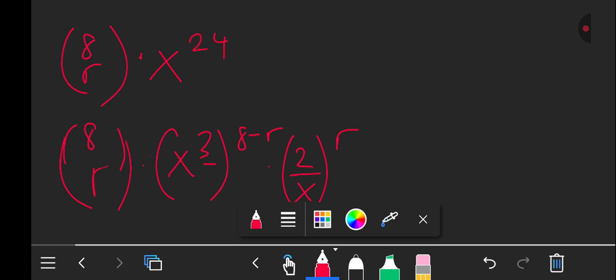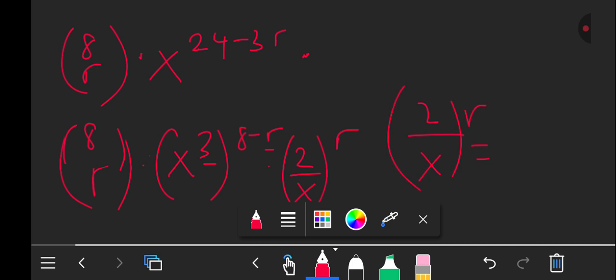Then again 3 multiplied by this negative r, that will be minus 3r, then multiplied by, I can change this value which I have, which is 2 over x to the power r.